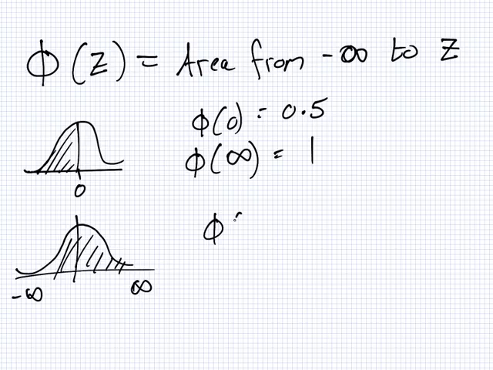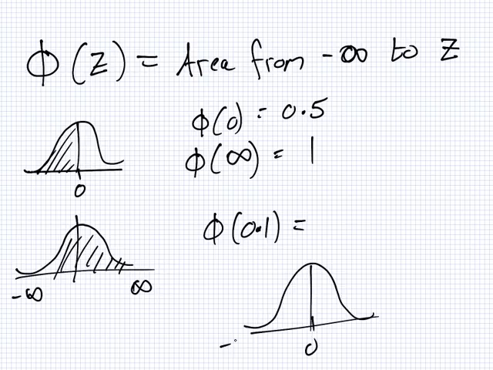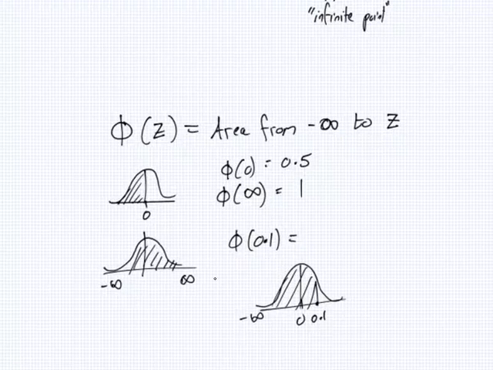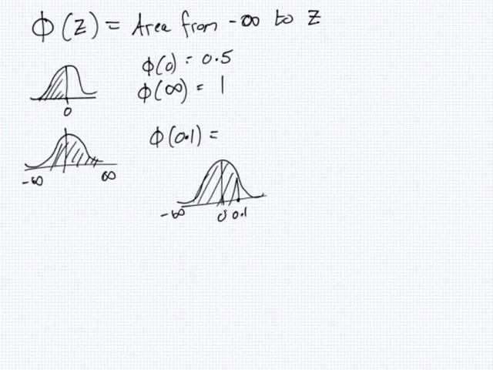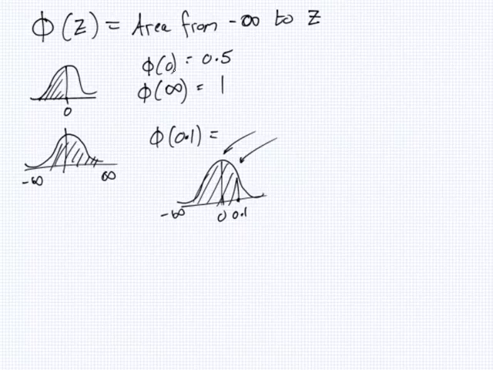But if I wrote something like 0.1, what would that be? That would be the area from minus infinity up to 0.1, which would be there. So if I said, what's the probability or the area between 0 and 0.1, and I'm only allowed to look up from minus infinity to that number, if I wanted this in-between piece, any ideas on what I would calculate?